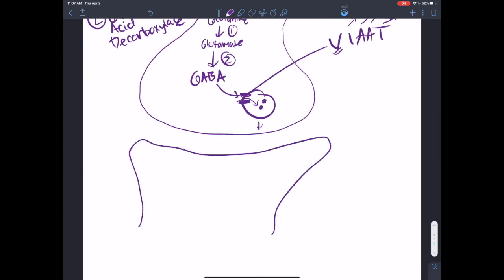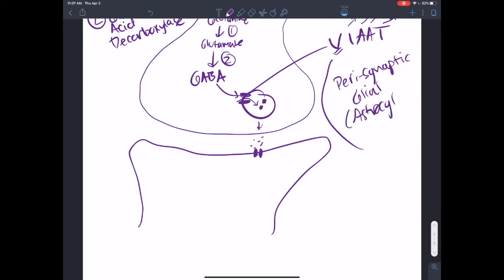And again, we have our three fates of a neurotransmitter. It could bind to a postsynaptic receptor. It probably could be degraded, but in this case, the removal mechanism is actually, again, reuptake. And this can actually occur via this perisynaptic, right? That word means around the synapse. So this could occur via the perisynaptic glial cell, which is an astrocyte. Or this neurotransmitter can actually just go straight back into the presynaptic terminal.